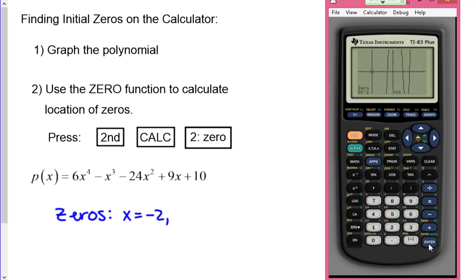and then I see another one right here. Let's see what that is. All right, so second and calc, the 0. The left bound, I'm going to put in as, say, -1, and the right bound in as 0.